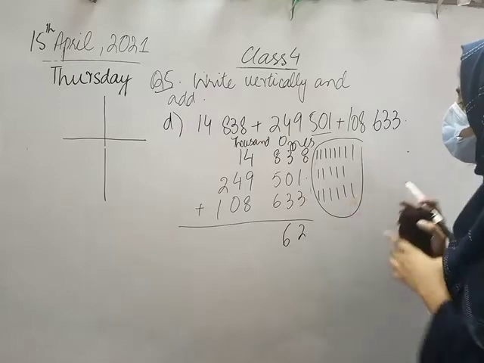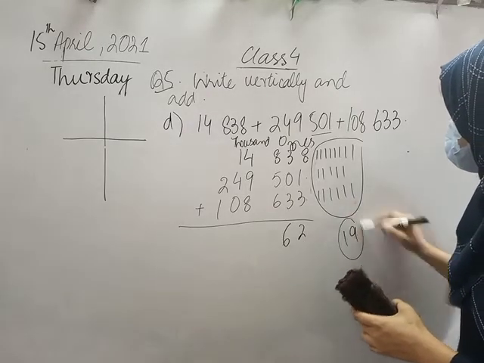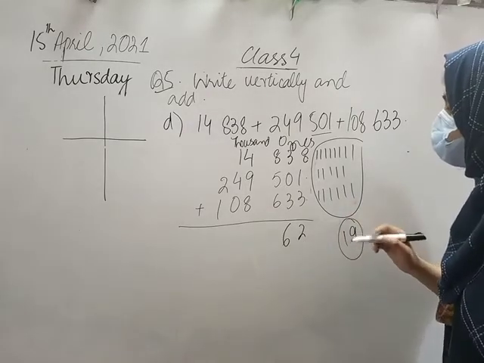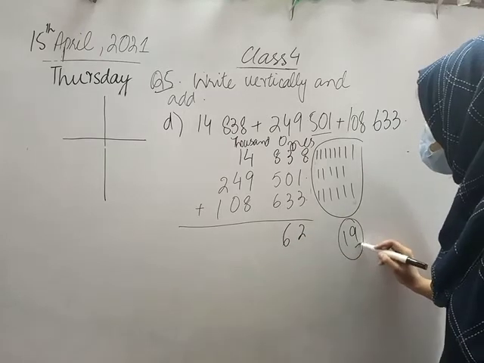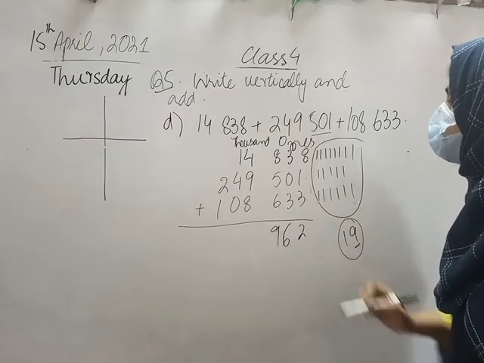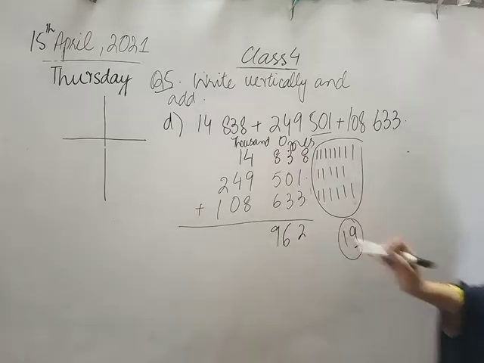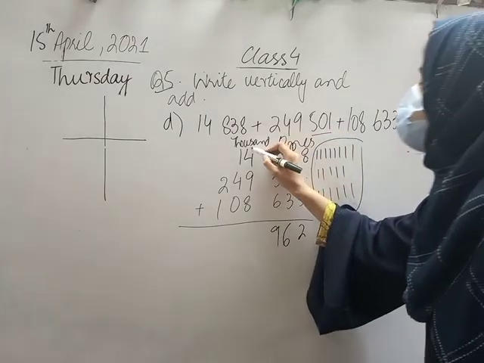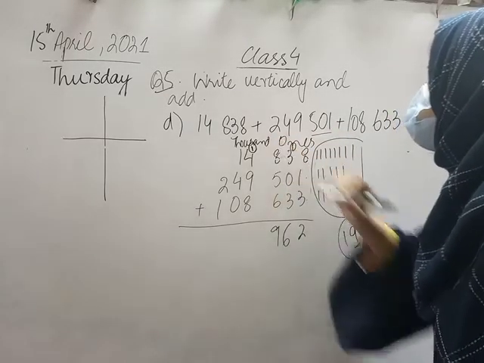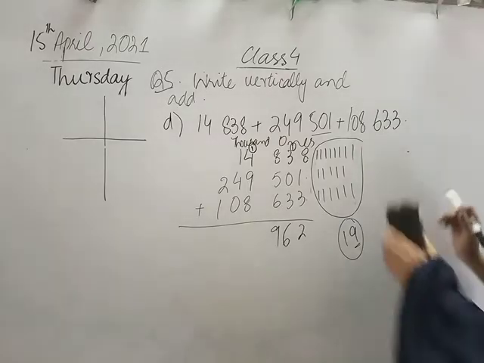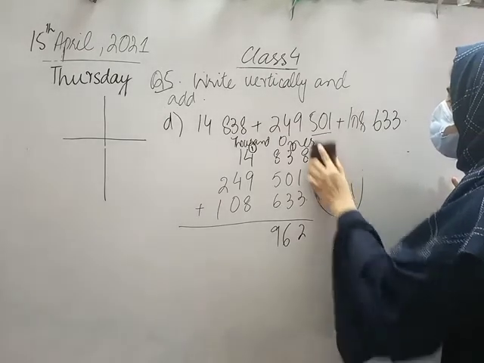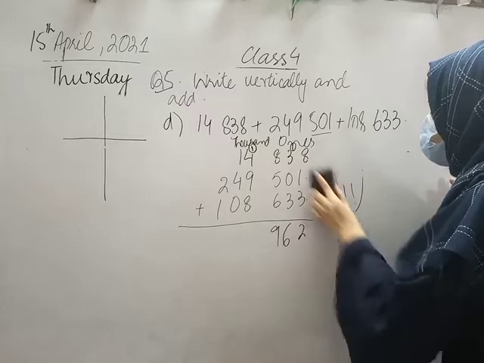Okay? 19. So again a 2 digit number. So I will write the value at the unit place as 9 and I will write 1 as a carry, which goes to the next place. Fine.